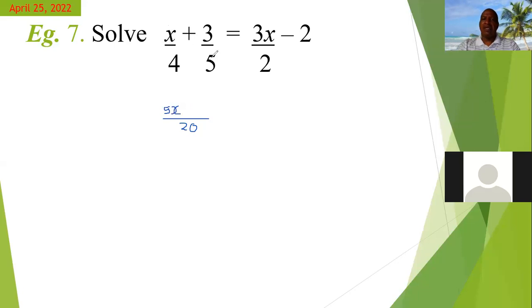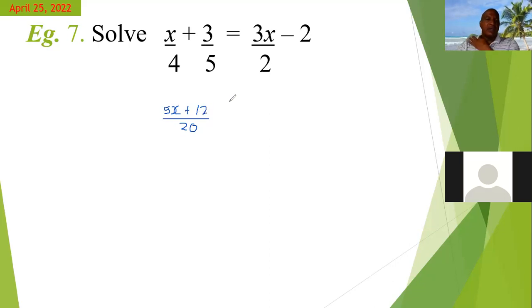And then we say, what do we do to 5 to get 20? We multiply 5 by 4. So the numerator we have to multiply by 4. So we'd have 3 times 4, which gives 12.